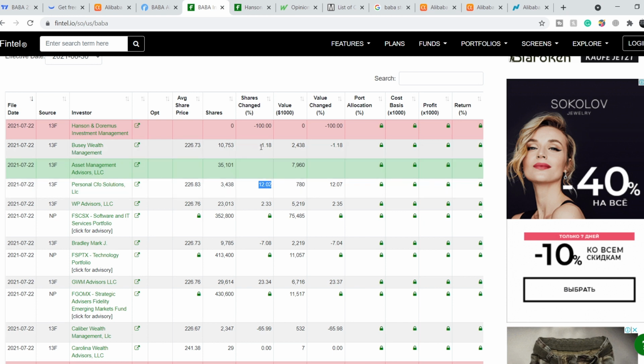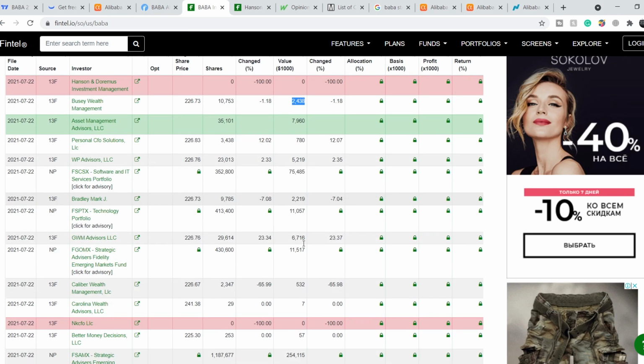It means they decreased their ownership by 1.18% or increased it by 12%. And here is the total value of their stake. It is 2.4 million, 780 million, 5.2 million, 75.4 million dollars in value in this company.